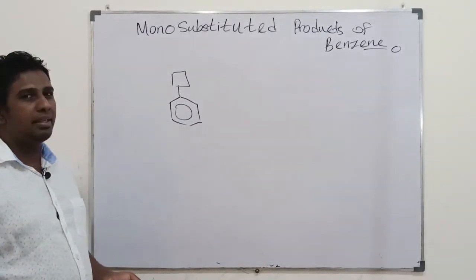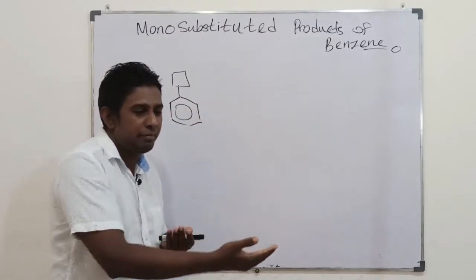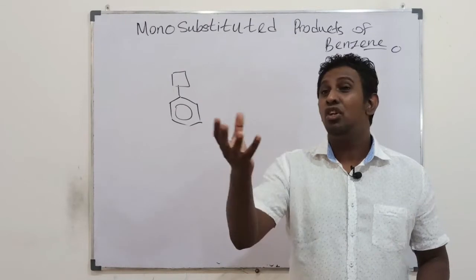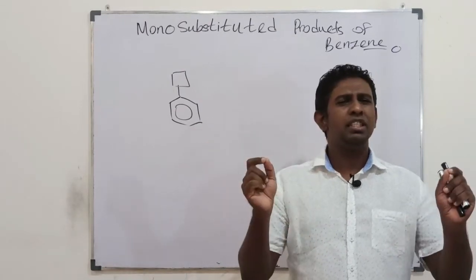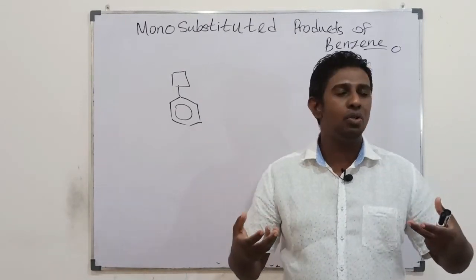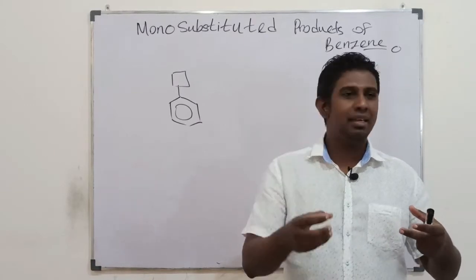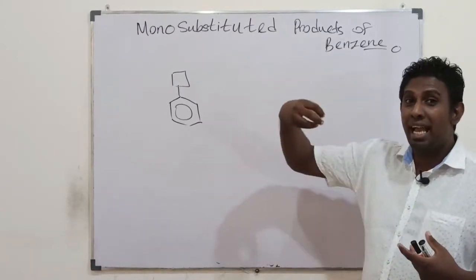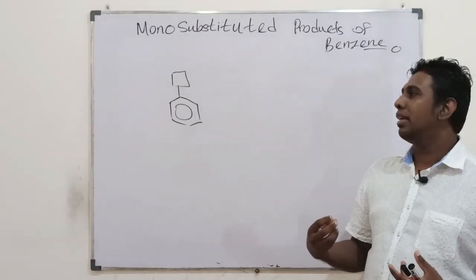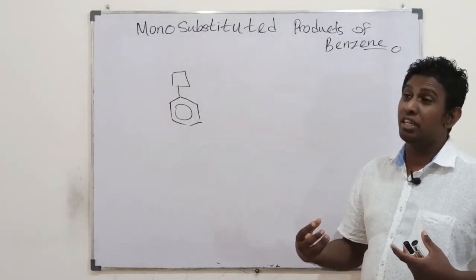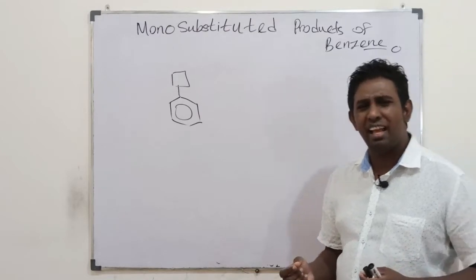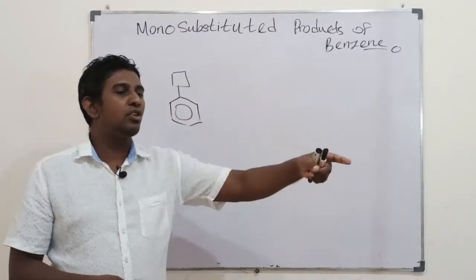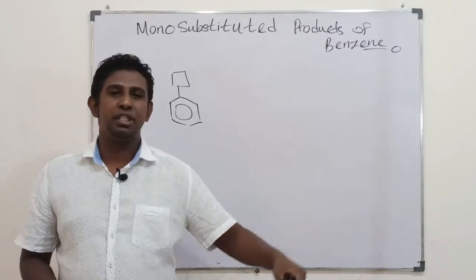So respectively we could call them benzaldehyde and toluene. Let's find out how those aldehyde groups and methyl groups act on benzene, how they either increase or decrease the electron density on benzene, as well as how they lead the incoming electrophile to various positions.